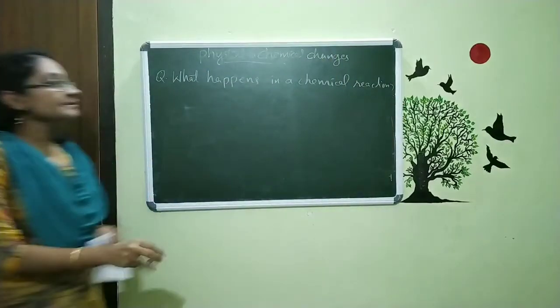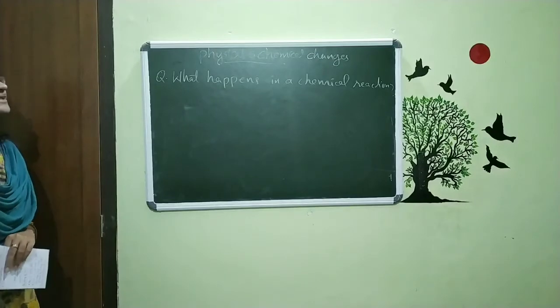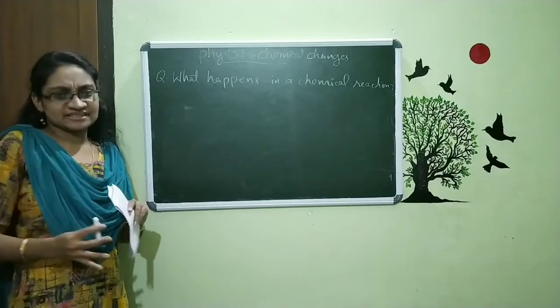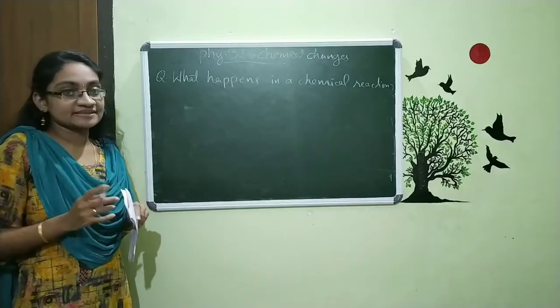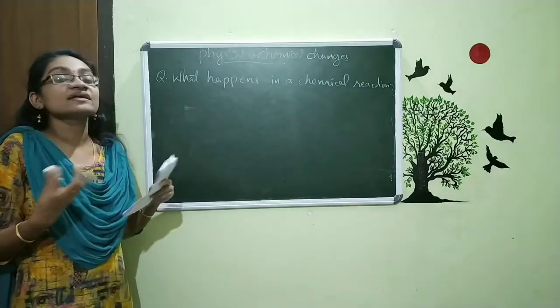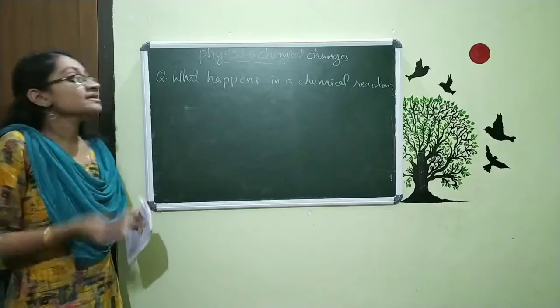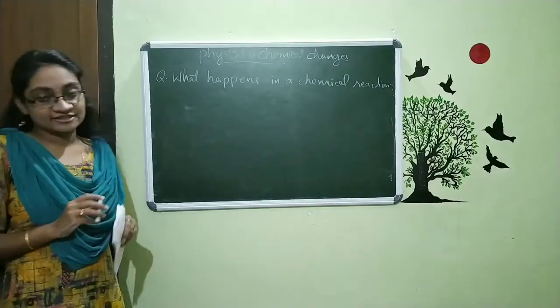What happens in a chemical reaction? Generally we said that there occur some permanent changes. We already discussed that. Now the question is, what are the permanent changes that occur in a chemical reaction?